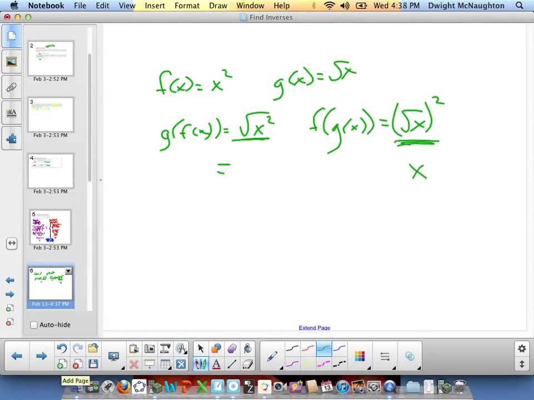Every x in g will simplify down to x. But if I simplify the other one down, every x in f will simplify down to the absolute value of x, because first you're squaring it to get a positive number, then you go backwards. But the square root, you take the principal square root, you get the positive square root. So here's an example where it doesn't work. That's why you must check both of them.